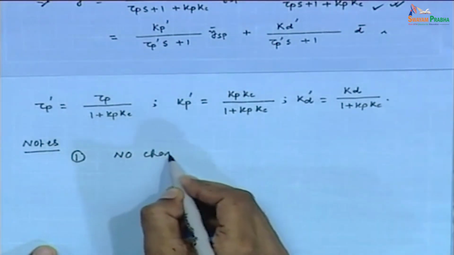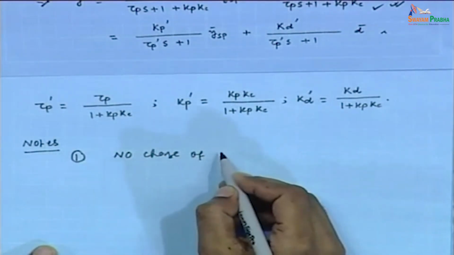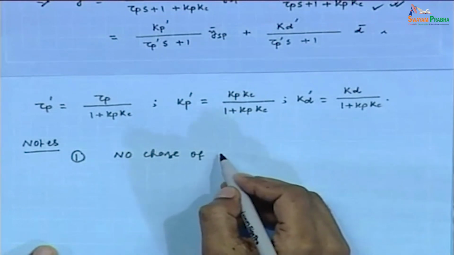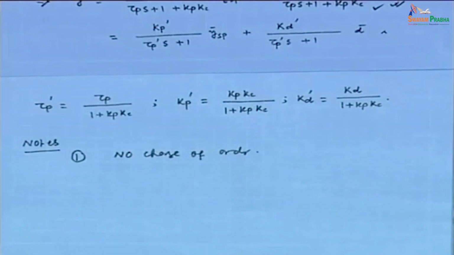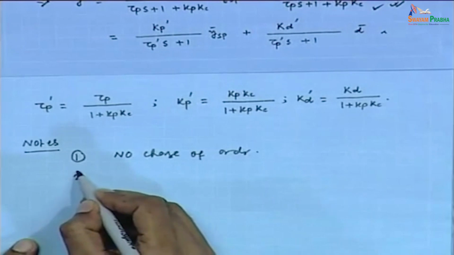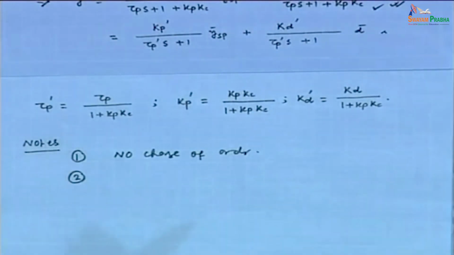So, no change of order of the overall system. Due to the inclusion of proportional action with the first order system, there is no change of order.